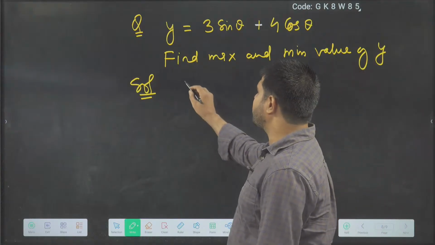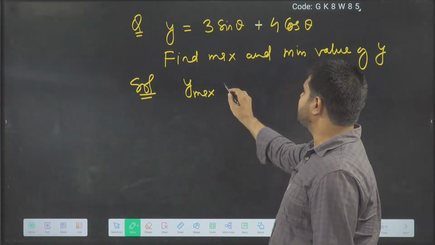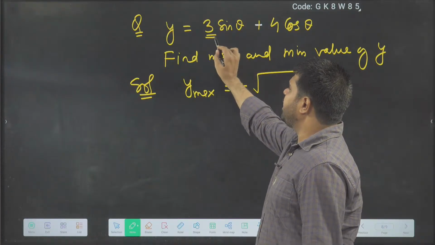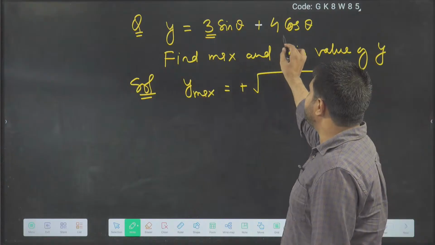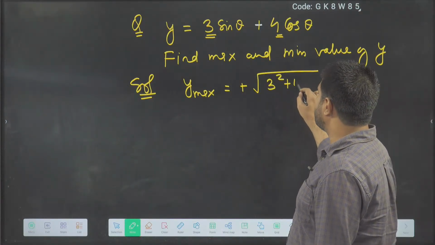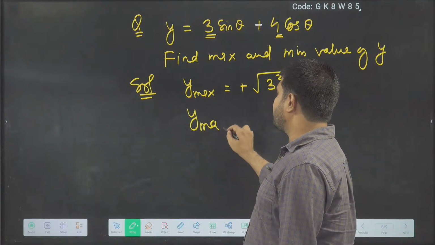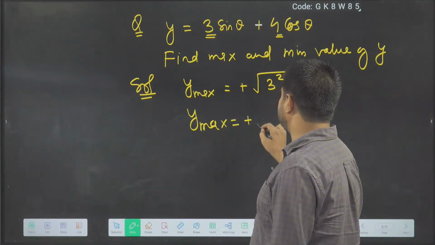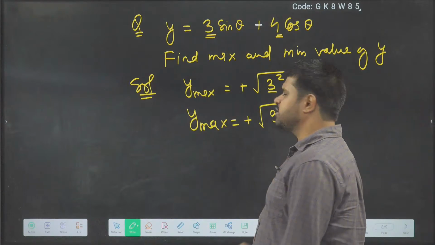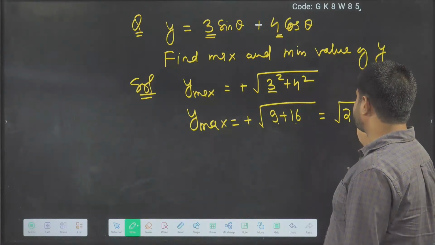So let's go for y maximum. Y maximum will be plus under root of a square plus b square. A is 3 and b is 4. Under root of 3 square plus 4 square. 3 square is 9, 4 square is 16. 9 plus 16 is 25.